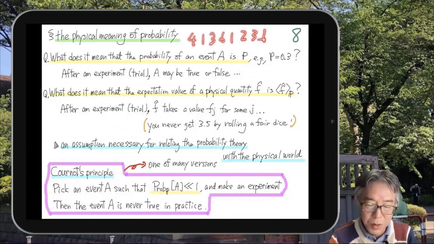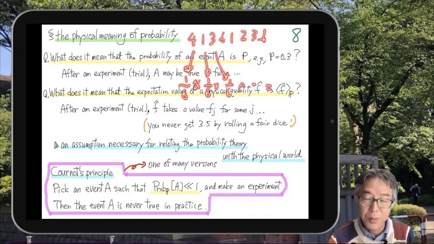And you start computing the probability. Of course, the probability of getting 4 in the first throw is 1/6, and then 1/6, 1/6. And so you find that the probability of getting this particular sequence is very small. It's less than 1 in a million.